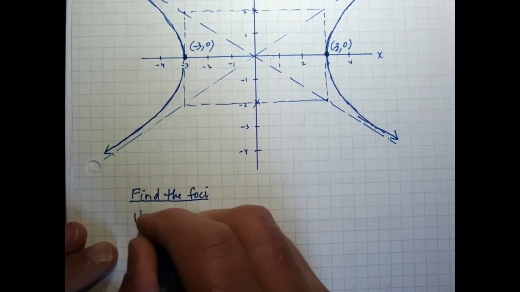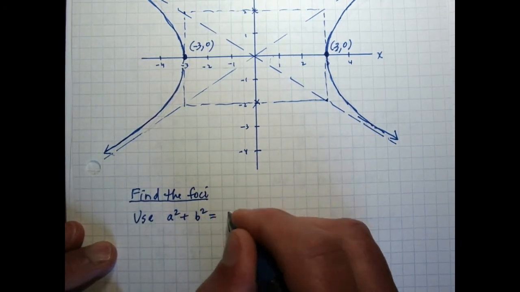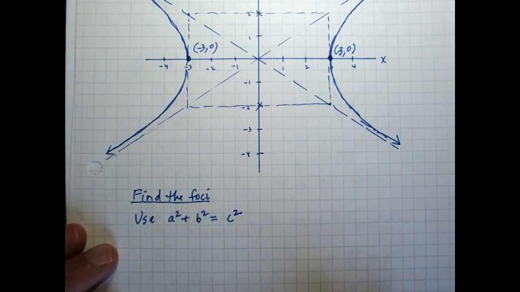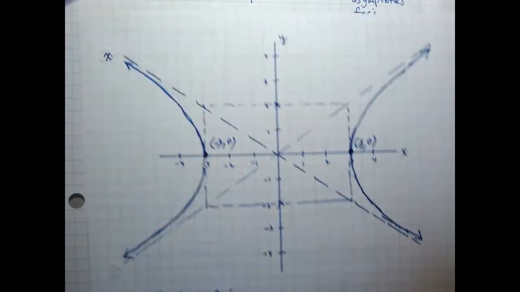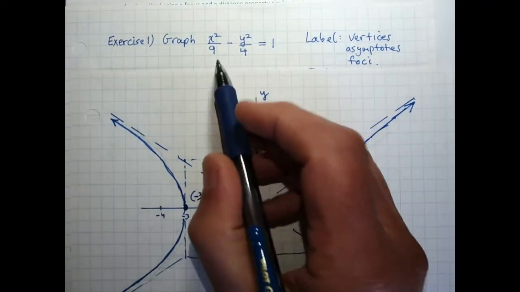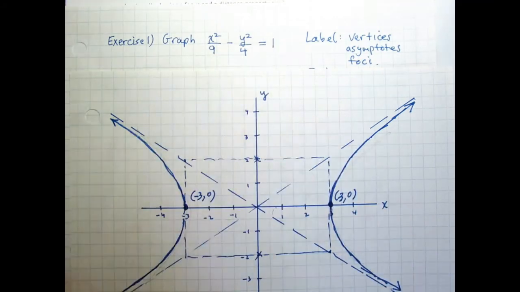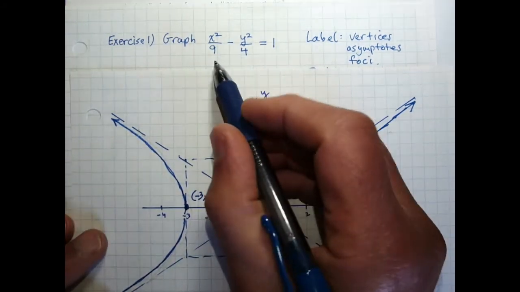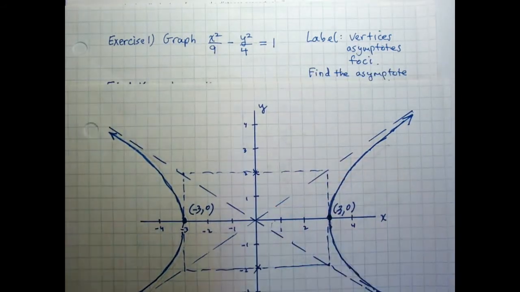And to do that, we use the a squared plus b squared equals c squared equation. The a and the b are just the denominators of the equation in standard form. Actually, these are a squared and b squared.